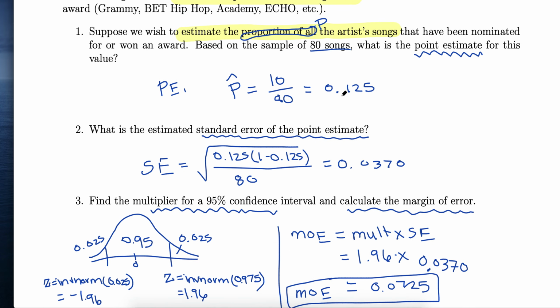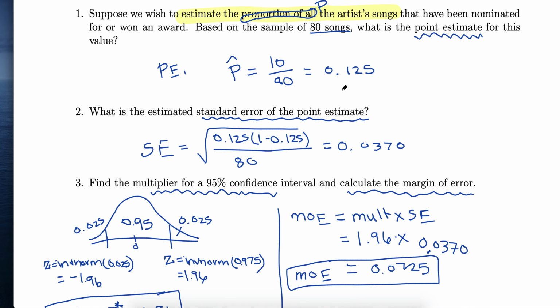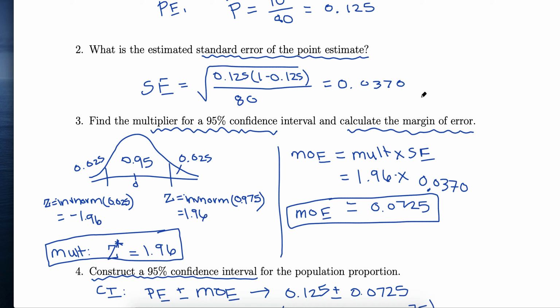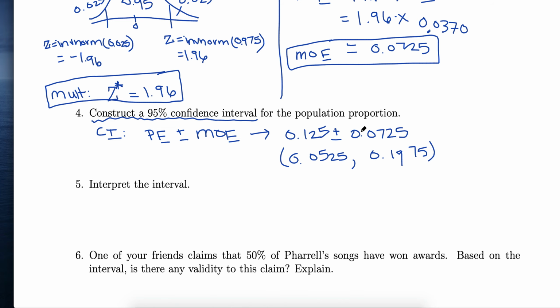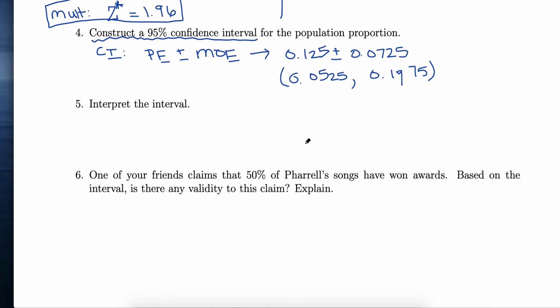We said based on one data set, we got 12.5%. We know that's going to vary by about 3.7% each sample I take. We found a value that gave us our attached level of confidence to this estimate, and we came up with an interval that was centered around that 12.5%.